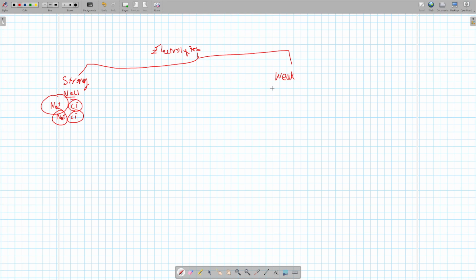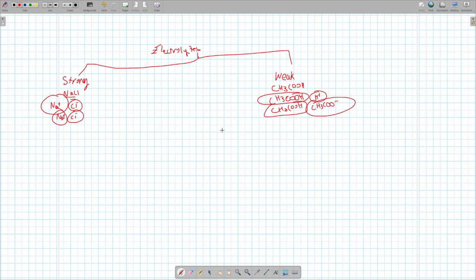When you say it's a weak electrolyte, let's say CH3COOH, it does not dissociate completely. So it will dissociate maybe one: CH3COOH gives H+ and CH3COO-. So see here, it only dissociated one molecule to form these two, right?